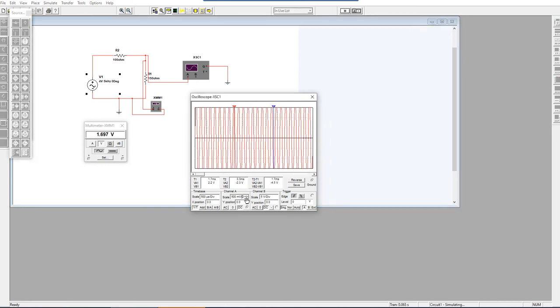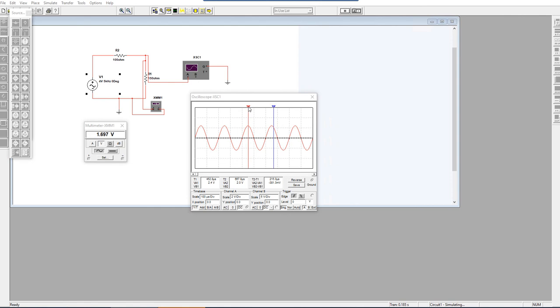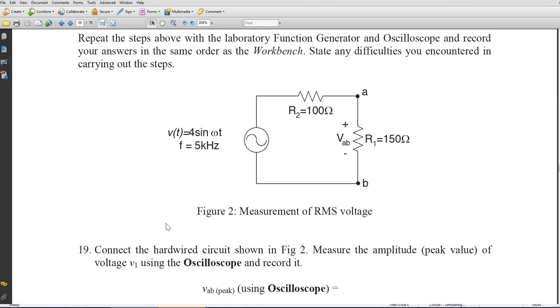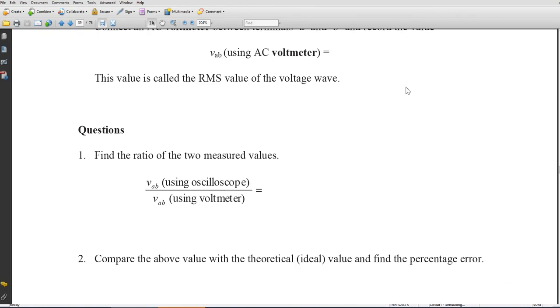I set the scales, and now the peak is about 2.4 volts, which is the exact value, and the RMS value measured by the multimeter is 1.697. You can note this down, and the ratio of these will be root 2 as I told you, but this is true for the sinusoidal.